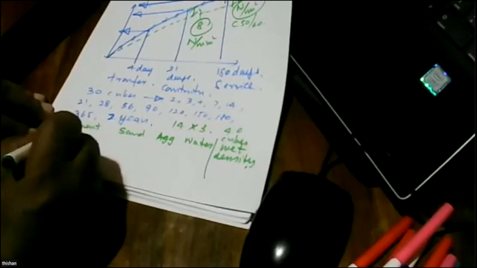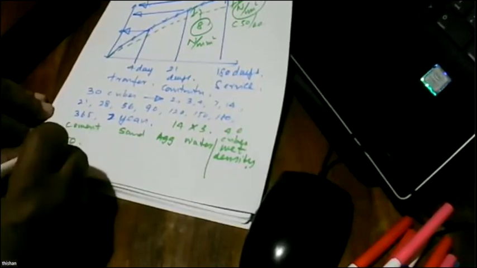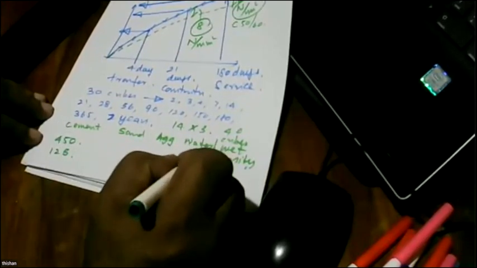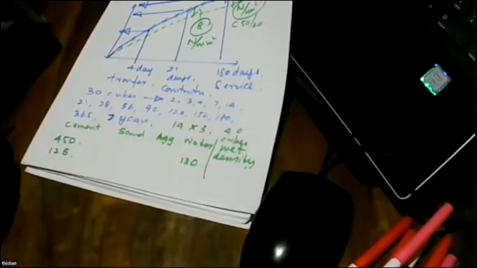Now we want something like 60 megapascal, so it may be a good idea to go for about 450 cement. Now you can see it's a significant increase, and about 125, and still the water will be about 130.